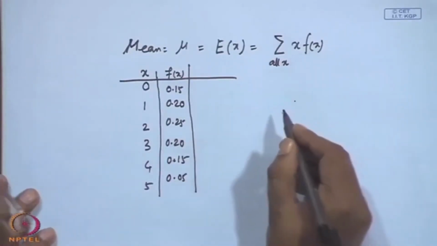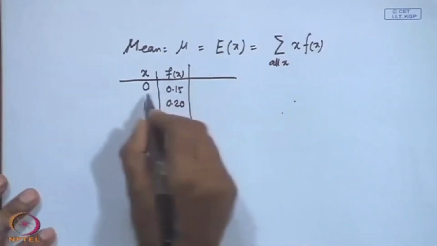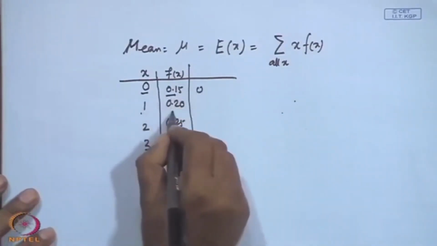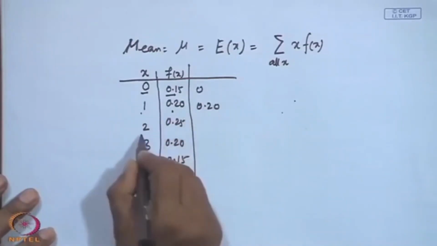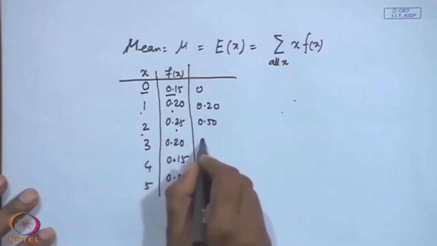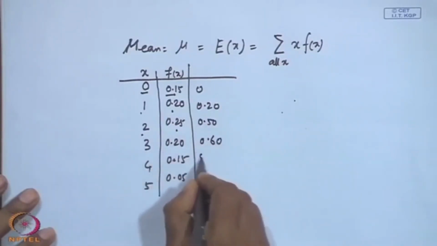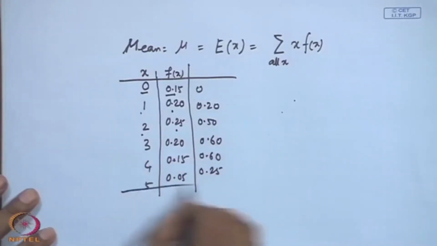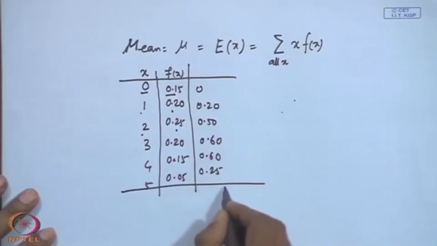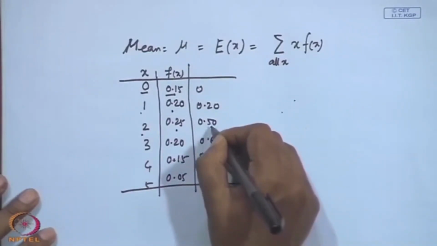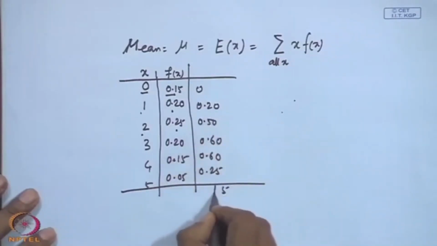Then what is your expected value here? You have to find out x into f x. So, 0 into 0.15 is 0, 1 into 0.2 is 0.2, 2 into 0.25 is 0.50, 3 into 0.2 is 0.60. Like this again 0.60 and this will be 0.25. If you add, what you will get? 0.2 plus 0.5 is 0.7, plus 0.6 is 1.3, plus 0.6 is 1.9, plus 0.25 is 2.15.